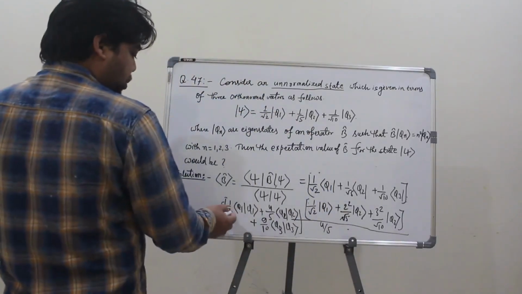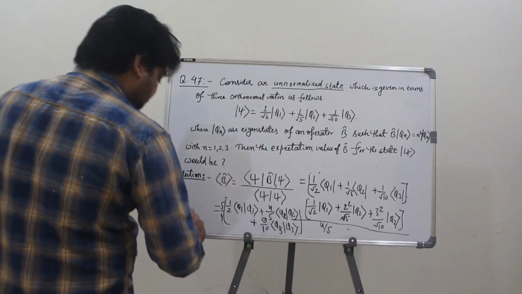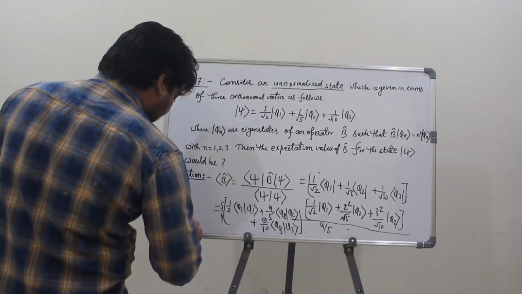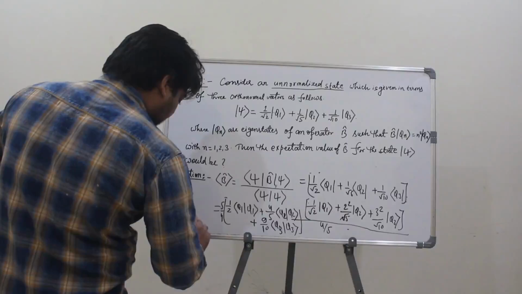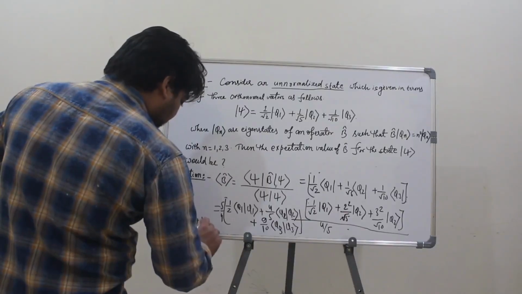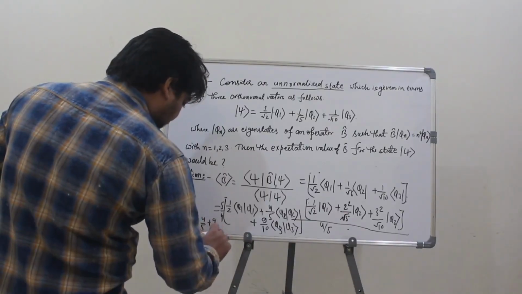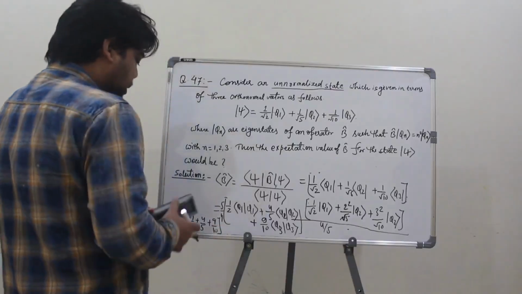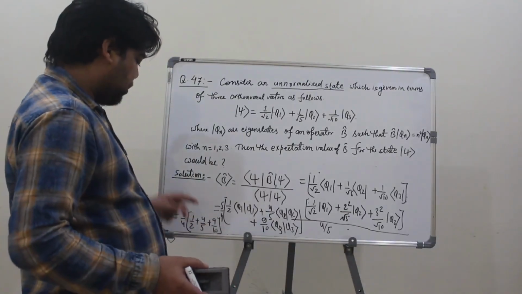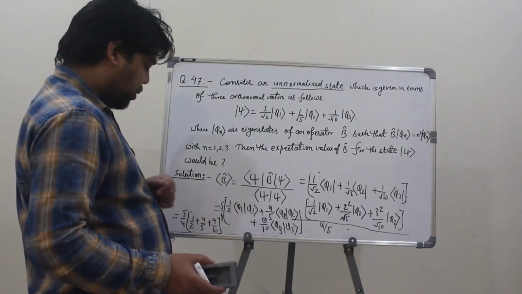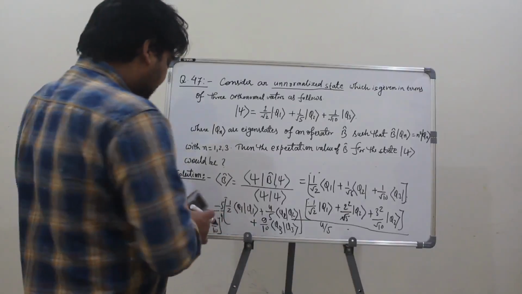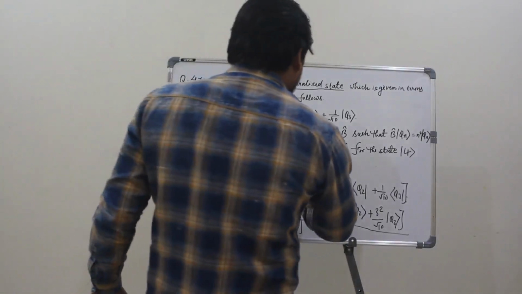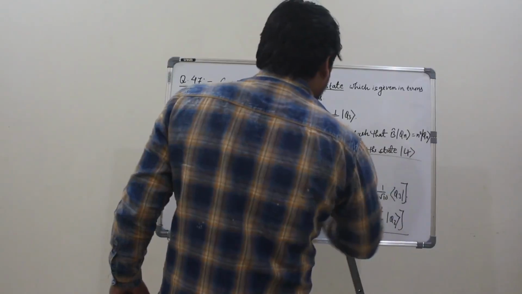So this gives you 1 by 2 plus 4 by 5 plus 9 by 10. Take the LCM. This gives you 5 by 10, 8 by 10 and 9 by 10. Right? Let's just calculate here.